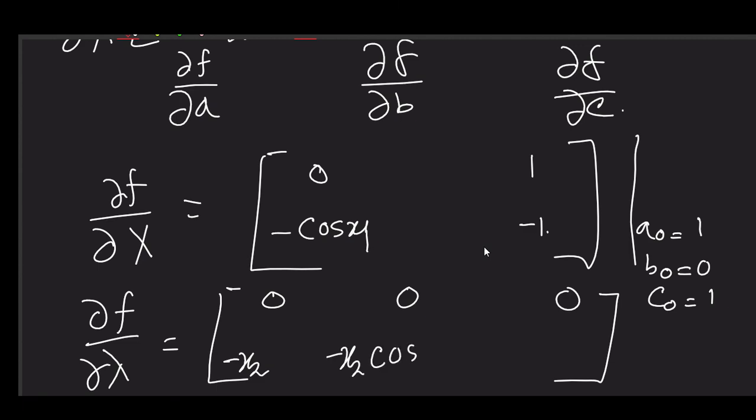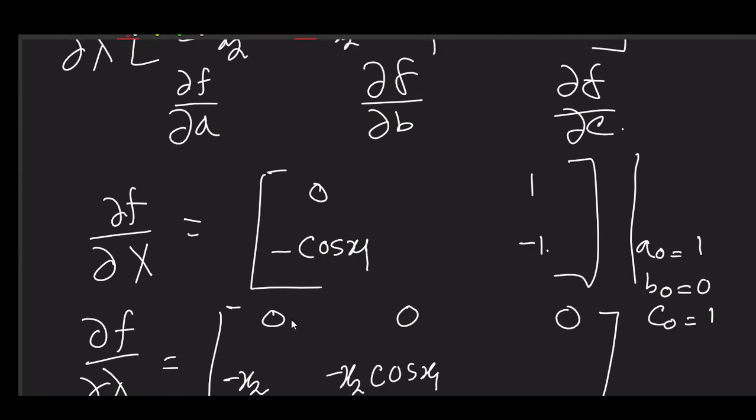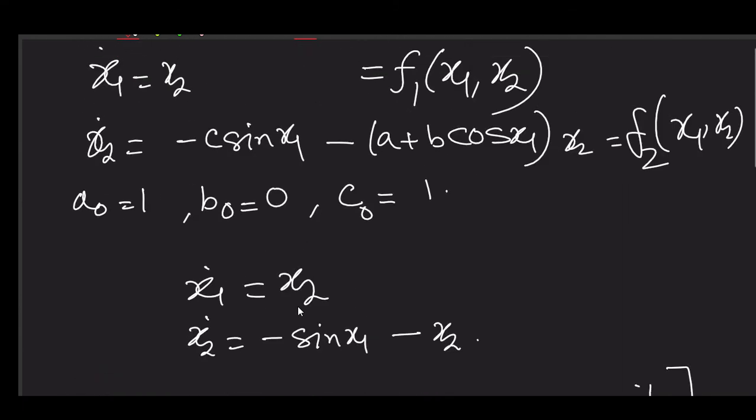How am I getting minus x2? Because if you pick up this equation, the second one, and take the partial derivative with respect to a, then obviously you are left with minus x2. Then when you do the partial differentiation with respect to b, you are left with minus x2 cos x1. Then for the third one, you are left with minus sine x1. So this is what we are going to get.